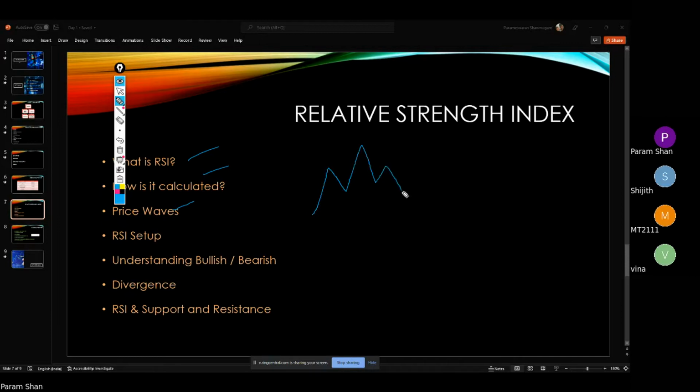Marking the high or low points of a candle will give you these price waves. RSI setup we have seen. Using RSI, we understood whether the stock will be bullish or bearish. We saw divergence, bullish and bearish, and we combined RSI with support and resistance and saw how the trade happened.